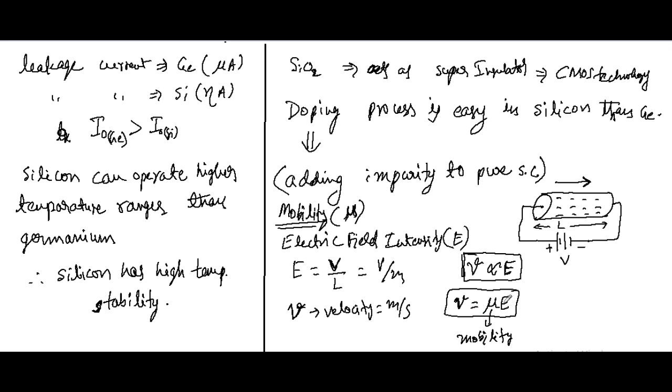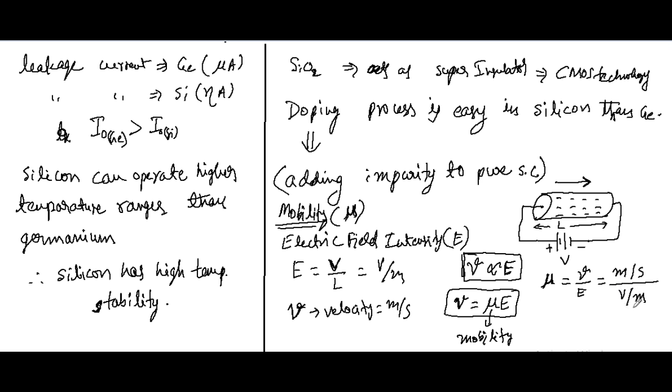Then I want to find the units of mobility from this equation. So mu is equal to velocity by electric field intensity. The units of velocity are meters per second, and the units of electric field intensity are volts per meter.